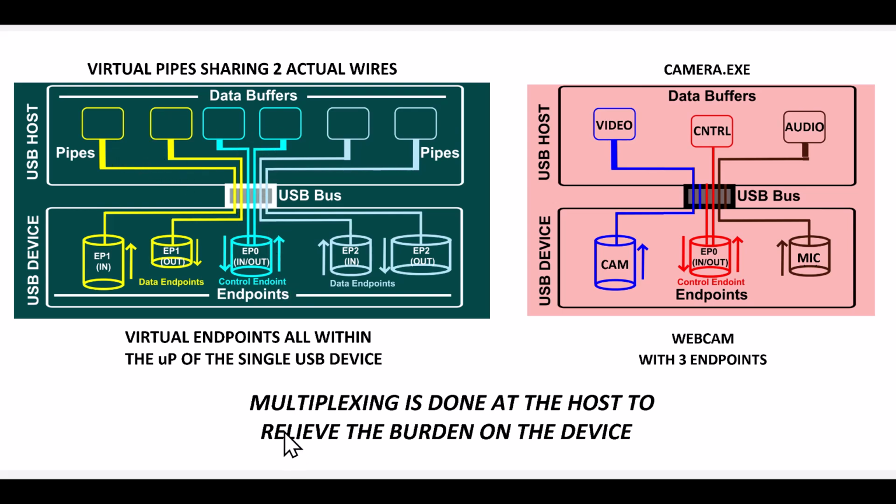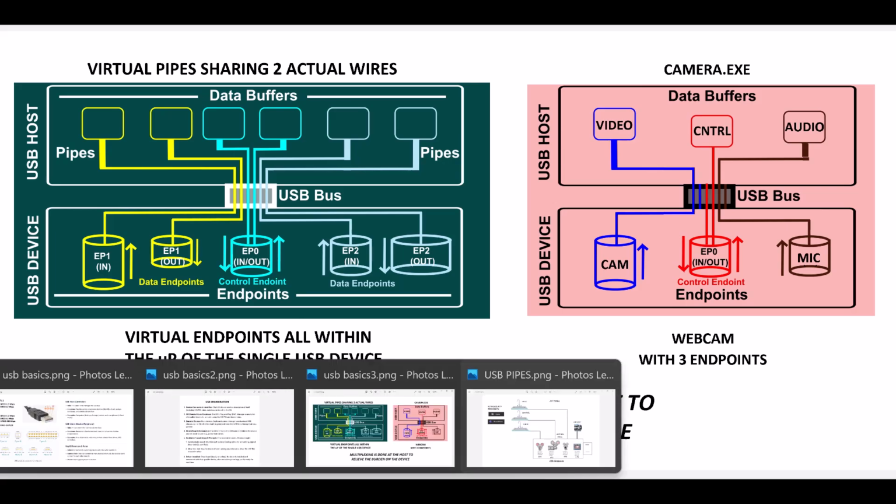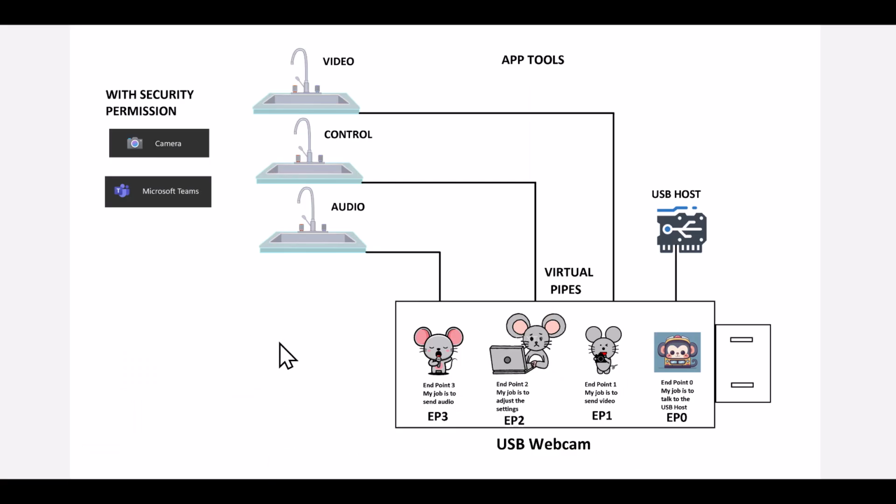Let me describe how this works with a simple webcam. On a webcam, we have 4 different things going on. I've got each mouse here doing a different job. We have the bus driver up front here, and it's at what's called an endpoint, which basically means it's an individual data destination.